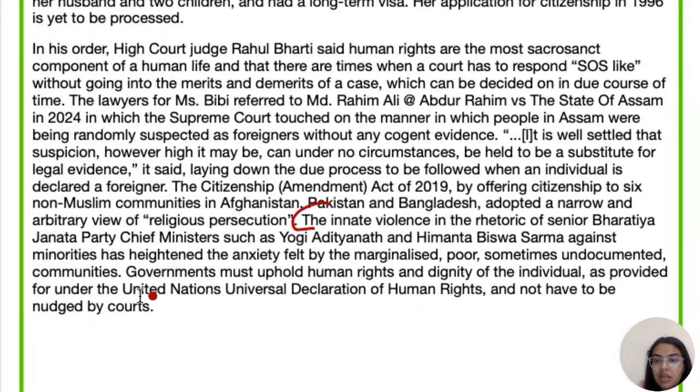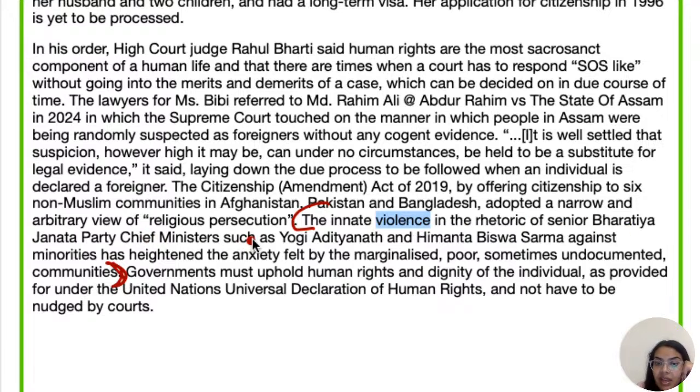Subject verb agreement of this statement. The innate violence, innate is adjective, doesn't matter, violence is my main subject.